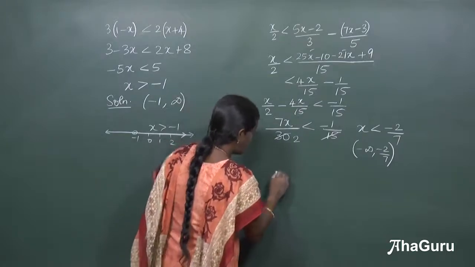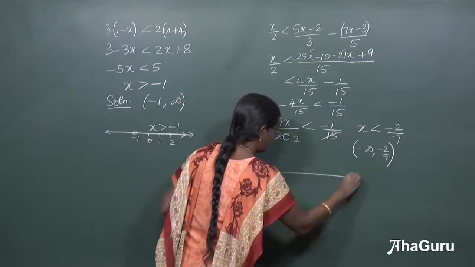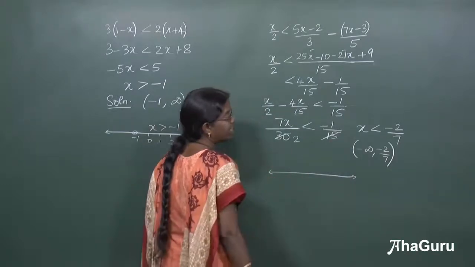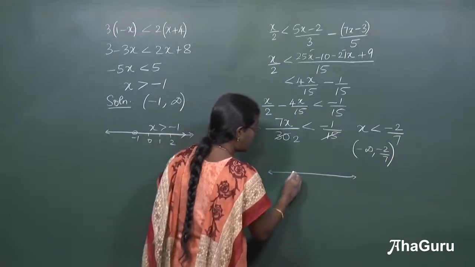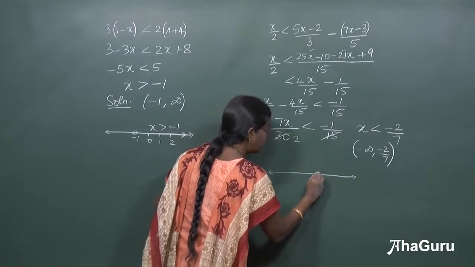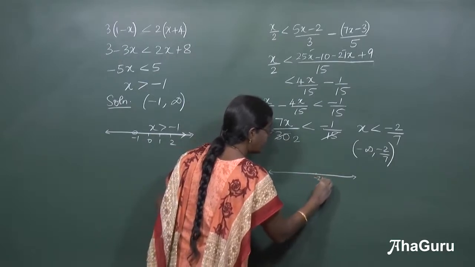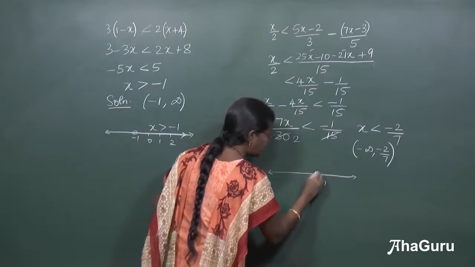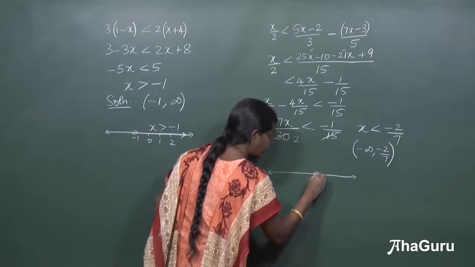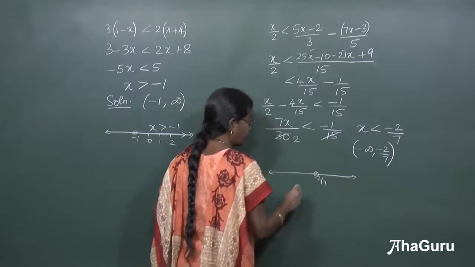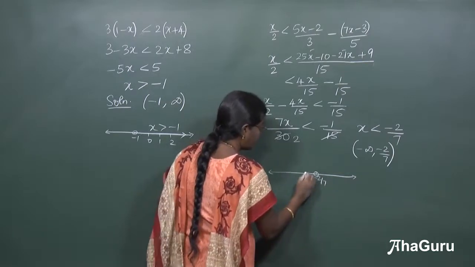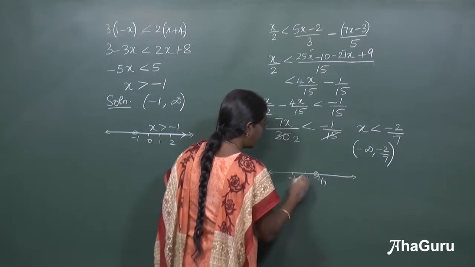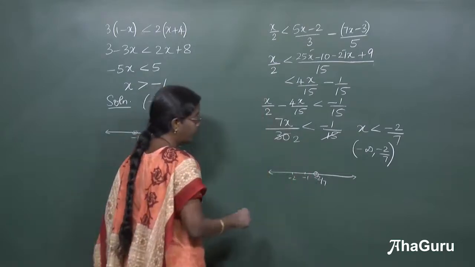Now when I draw the number line, don't go for any decimal equivalent there, we will just mark minus 2 by 7 somewhere here, and maybe we will have a minus 1 here, minus 2, minus 3, and it just goes on.